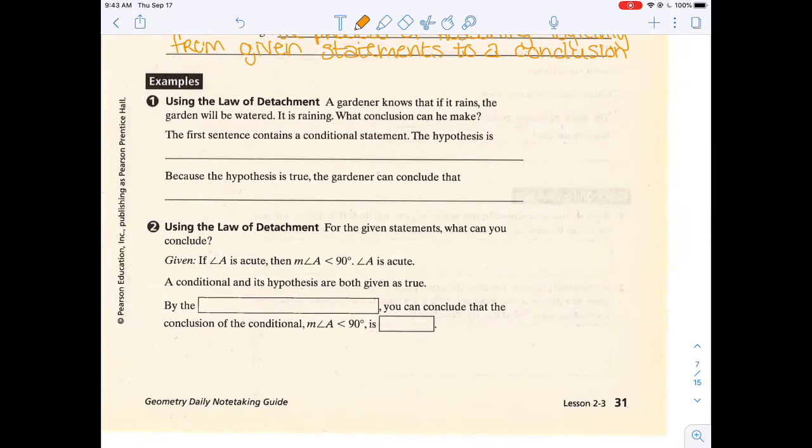First is using the law of detachment. It says a gardener knows that if it rains, then the garden will be watered. It is raining, so we want to know what conclusion he can make. The first sentence is a conditional statement, and the hypothesis is if it rains.